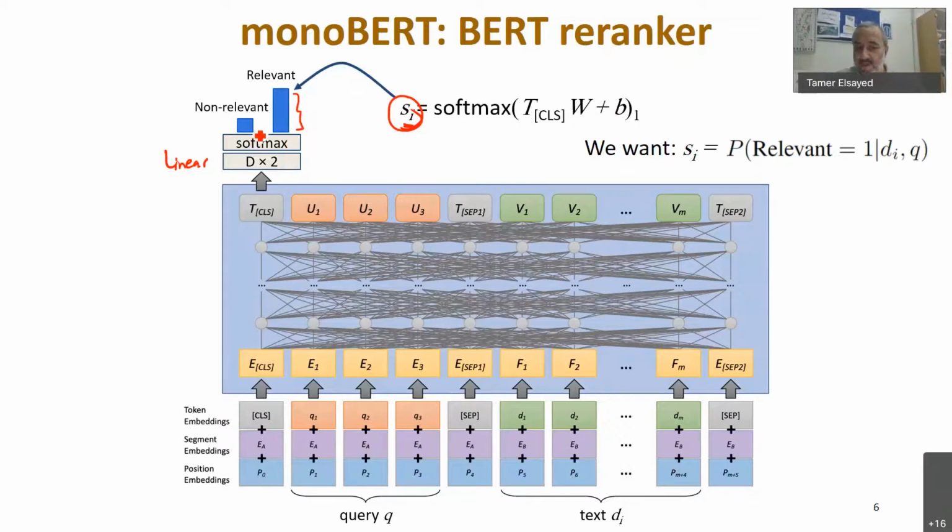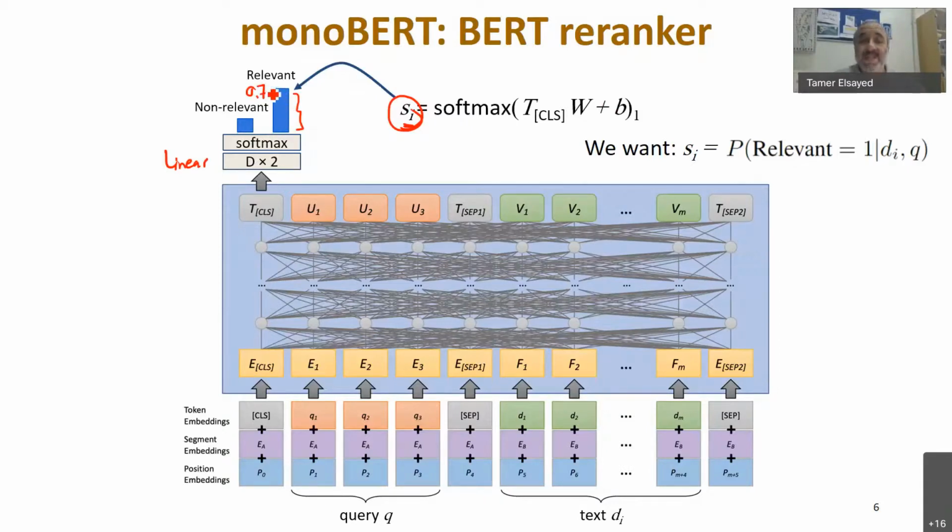So the classifier here will learn two probabilities or two scores after we use softmax. Usually the scores will be like probabilities, so the sum of these scores will be one. One score will be for relevant, one for non-relevant. Let's say this probability is 0.7.